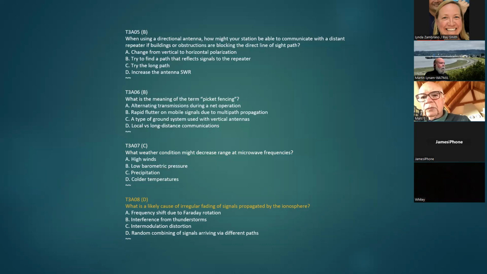Question A08. What is a likely cause of irregular fading of signals propagated by the ionosphere? Again, as a VHF user or a UHF user, you're not really going to see much of a reflection off of the ionosphere. It is line of sight pretty much all the time.